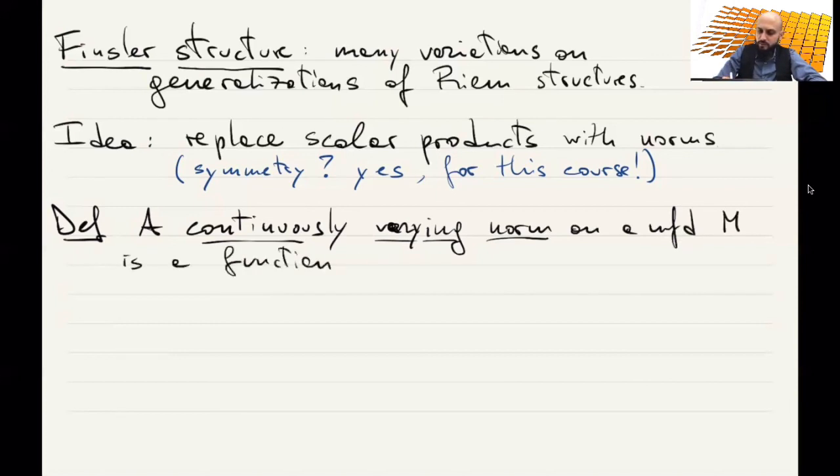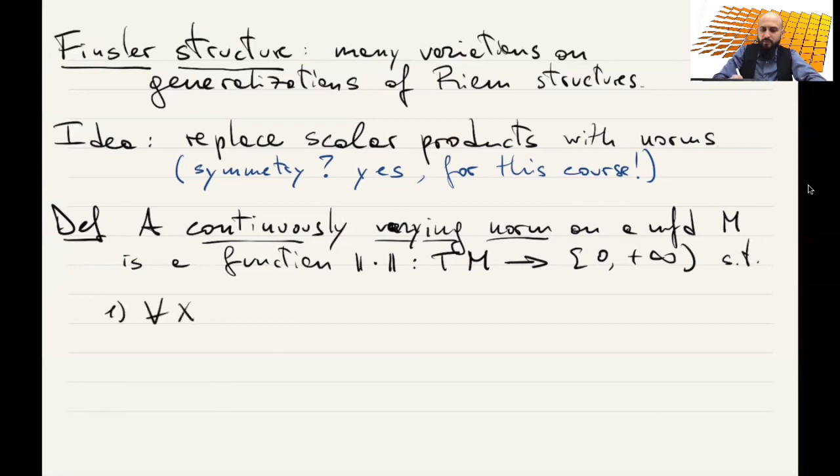Let's denote it like we did before with the standard symbol of scalar product; I will use the standard symbol of norm. It's a function defined on the whole tangent bundle, valued in zero to plus infinity, so it will not have negative norms, such that, first, it is continuous.